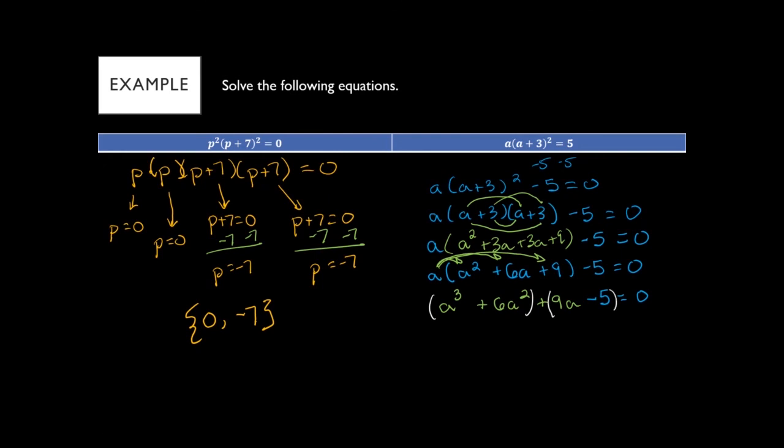And if factoring by grouping does not work, then this cannot be factored, and at this point, we cannot find the solution. I'm going to tell you ahead of time that if you try to factor this by grouping, it's not going to factor. So this cannot be factored. So we can't solve by factoring.